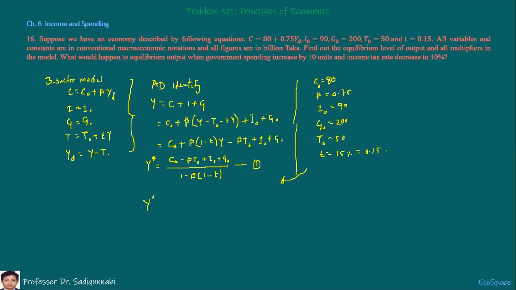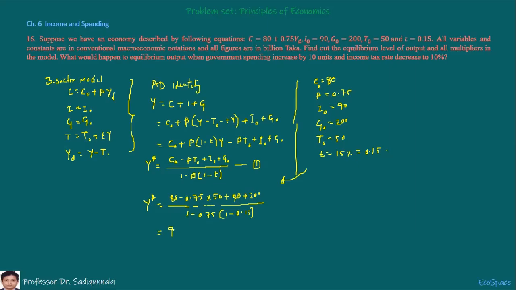y star equals (80 minus 0.75 times 50 plus 90 plus 200) divided by 1 minus 0.75 (1 minus 0.15), which is equal to 917.24.